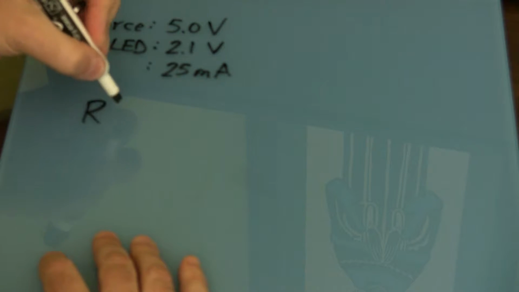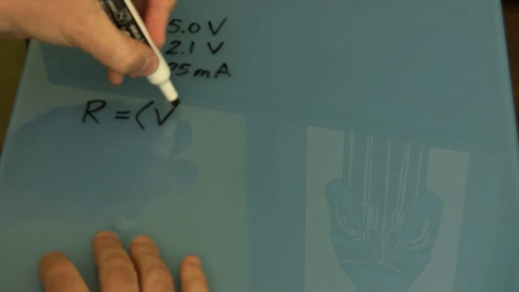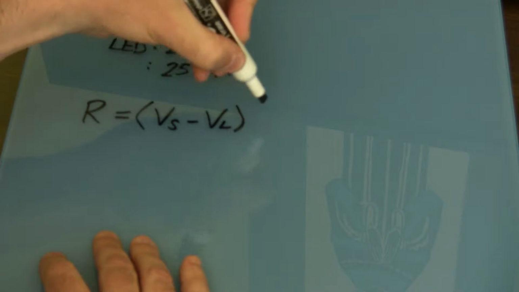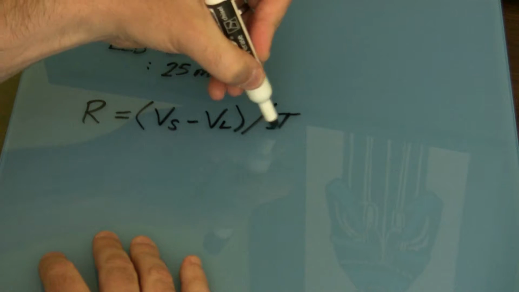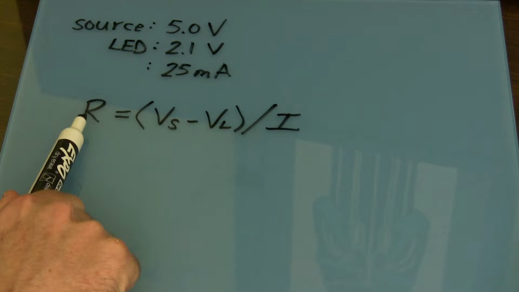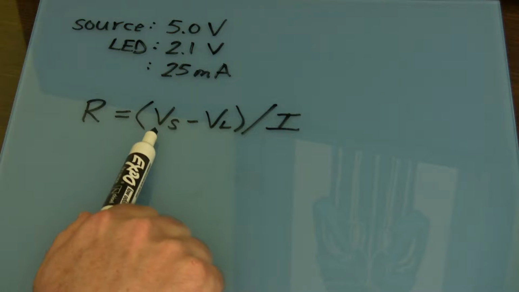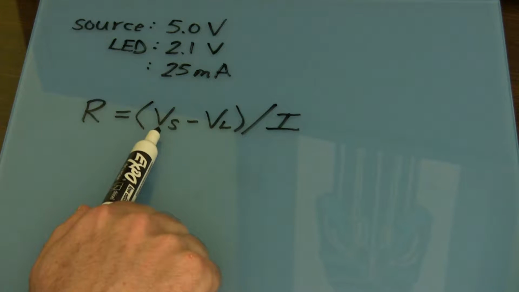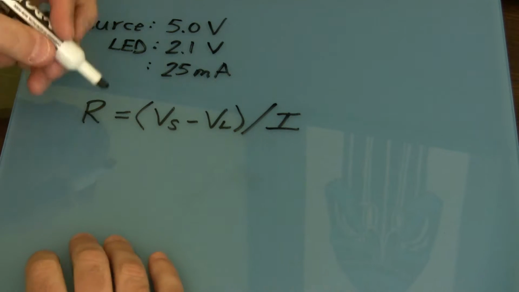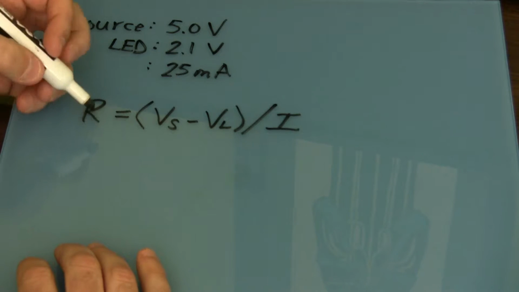So here's what the book tells us. Ohm's law tells us that resistance equals voltage divided by current. In this case, the voltage is going to be the voltage at the source minus the load. At least I think that's what the VL means in the book.